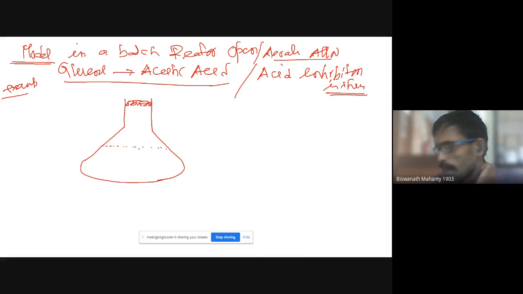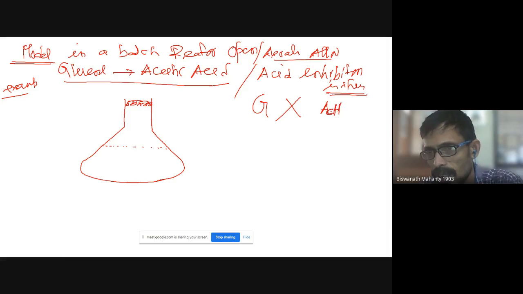And who are the members of the model? If I ask you, you are taking glucose, right? You are having some microorganism. They are producing acetic acid, right? Yes or no? Are you understanding what I am talking? Yes, sir.